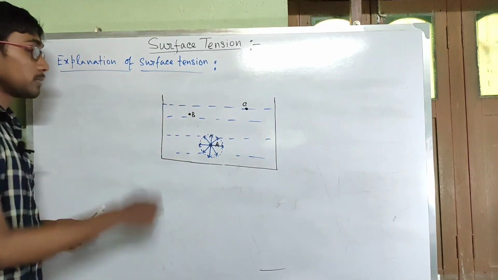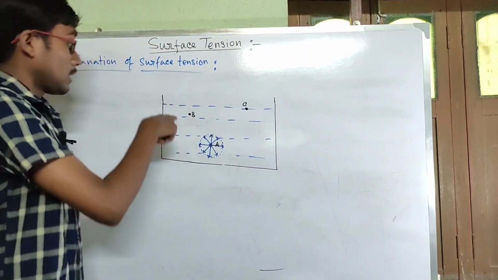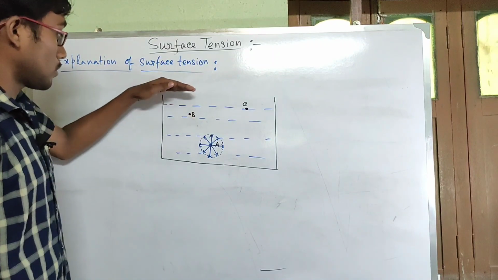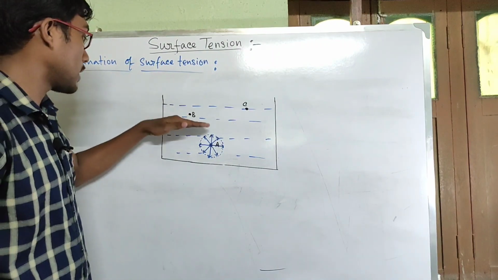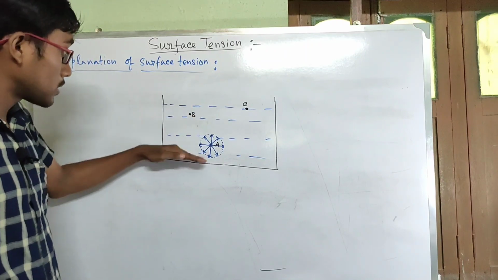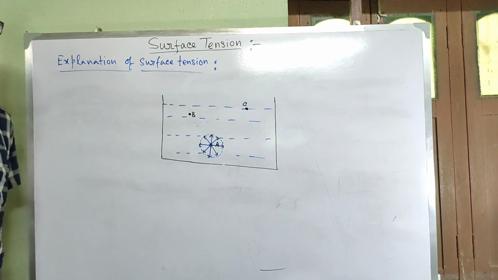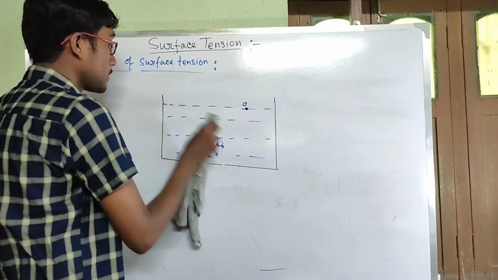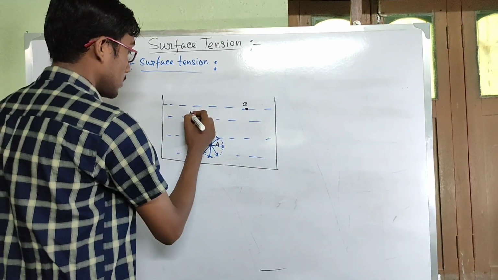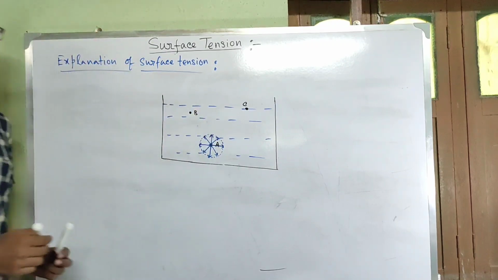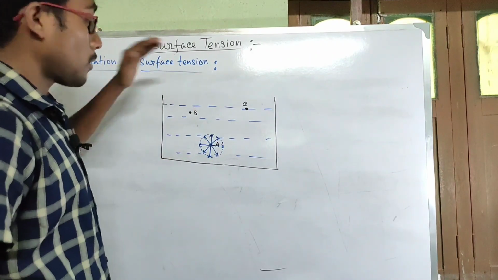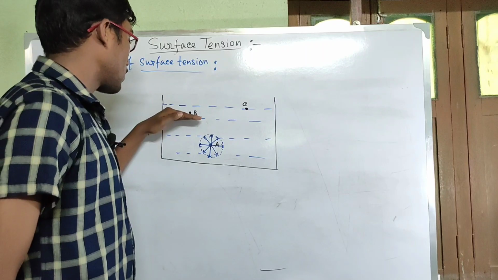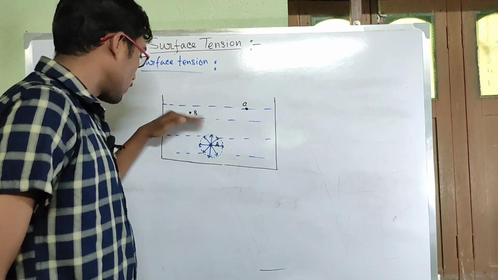If we go to the molecule B, which is just below the surface of the liquid, we notice that the number of particles on the top of the molecule is less than the number of particles at the bottom of the molecule.